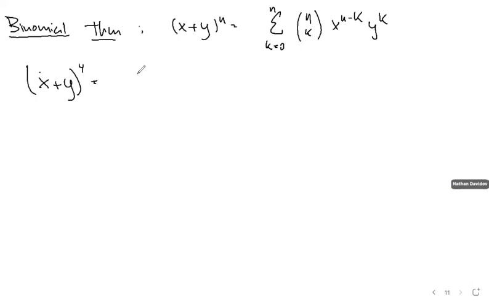So this is saying that x plus y to the fourth will be equal to the sum from k equals 0 up to 4 of 4 choose k, x to the 4 minus k, y to the k.